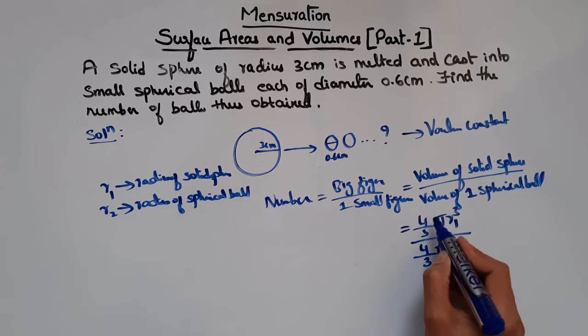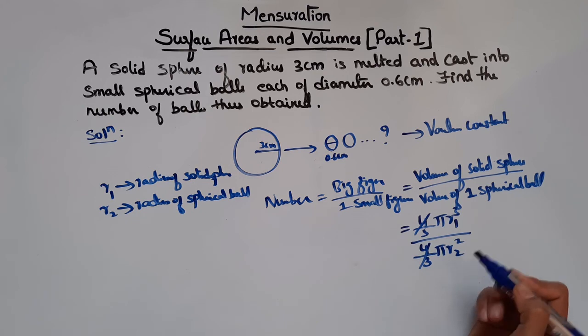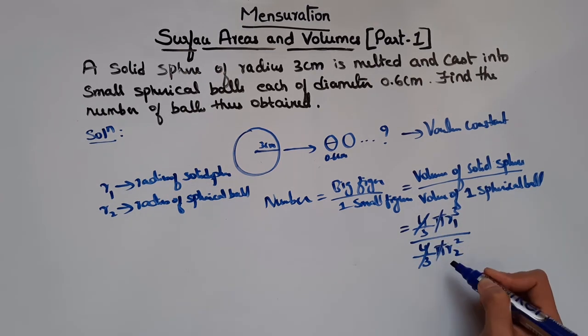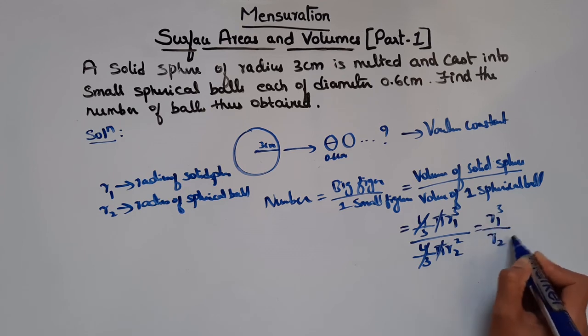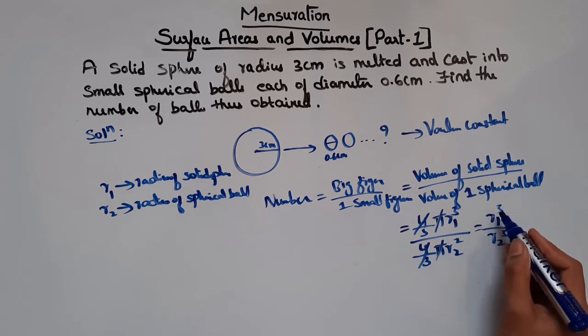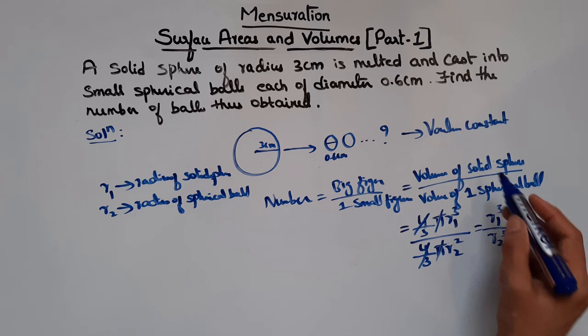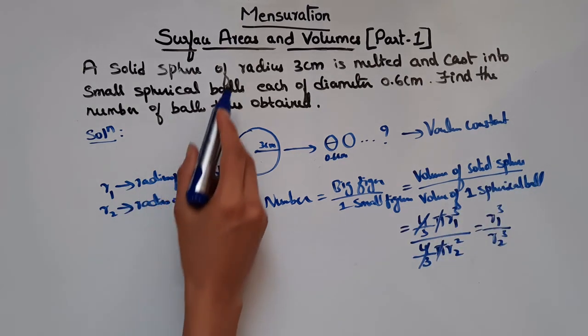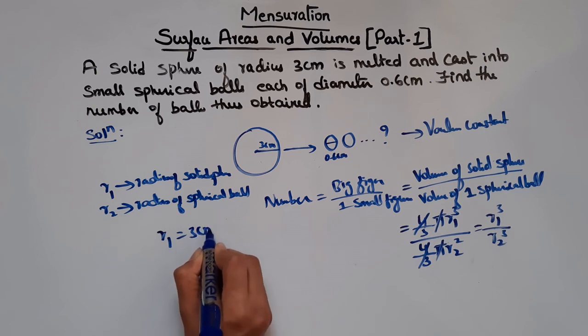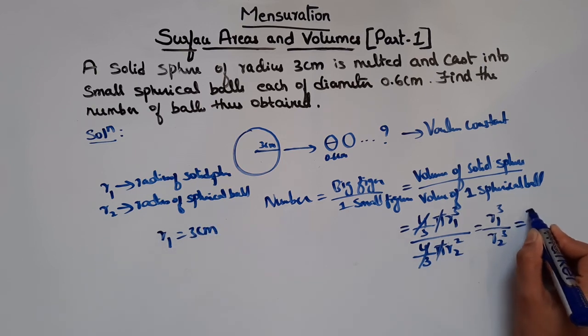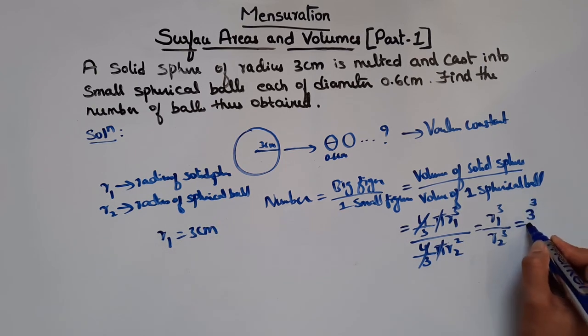Alright, so 4 by 3 is gone, pi and pi are gone. We are left with r1 cube by r2 cube. Now what is r1? r1 is nothing but the radius of the solid sphere, which is given as 3 centimeter. So r1 is 3 centimeter, so 3 cube by the radius of the spherical ball cubed.